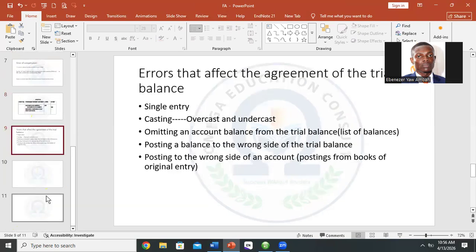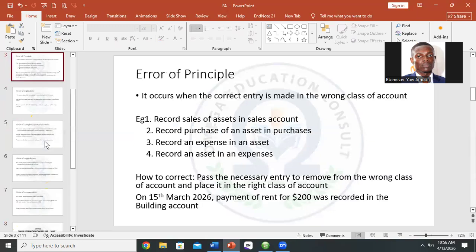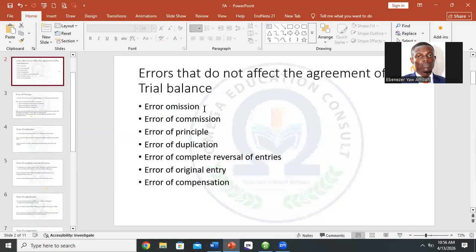Okay, these 5, you may be seeing them in your examinations or when you start solving past questions, especially the single entry and the casting error. They are very common, and then omitting a balance, in fact, all the 5 for this one. For the first group, I gave you a hint on the common ones that appear: omission, principal, and original entry, right?